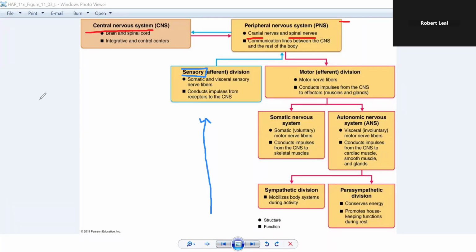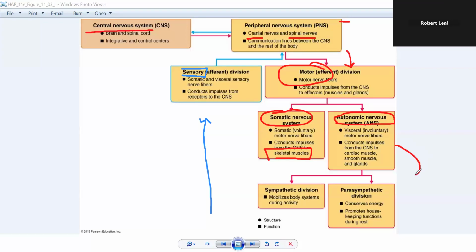And then you communicate to targets. That division of the peripheral nervous system where you communicate to targets is referred to as motor. And for motor, they broke it down by which targets you communicate to. The somatic part of the motor communicates to skeletal muscle, which is the only target that you can consciously control. The other part of the motor is referred to as autonomic. Think of autopilot. Those targets consist of the cardiac muscle, smooth muscle, glands, and other neurons.